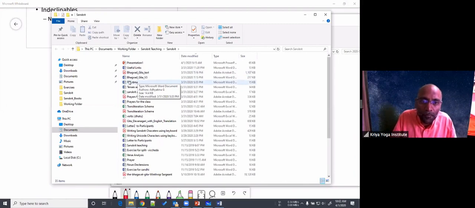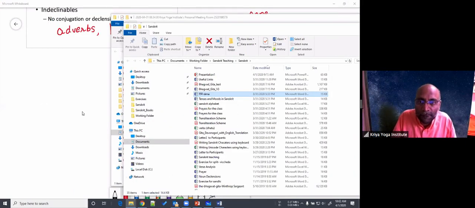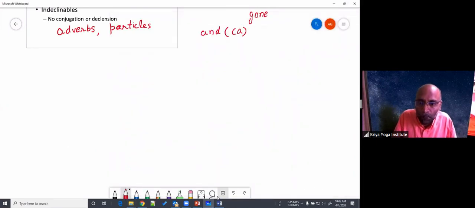I'll take this document into our whiteboard and see if it works. It doesn't. I have to open the Word document.